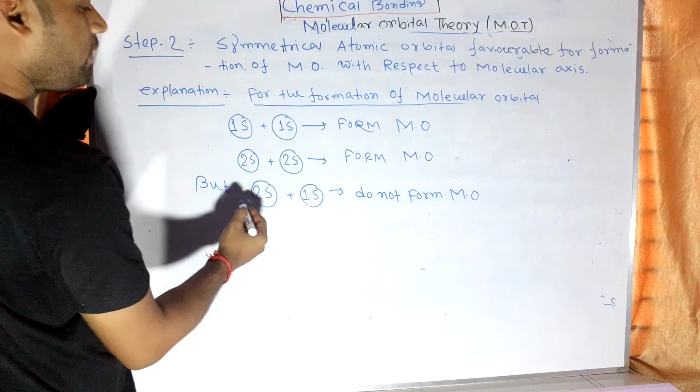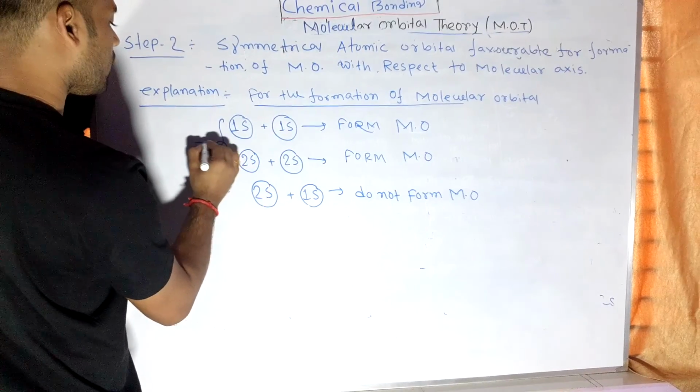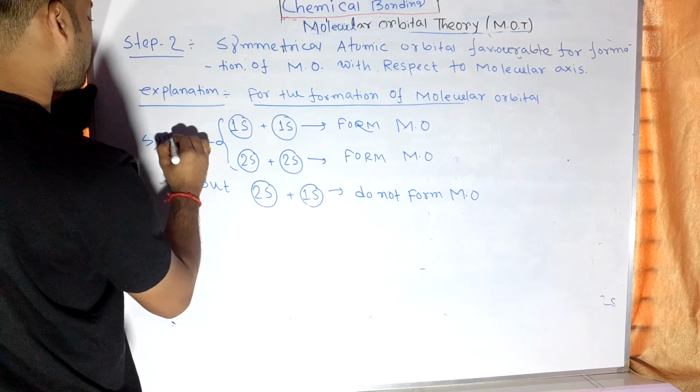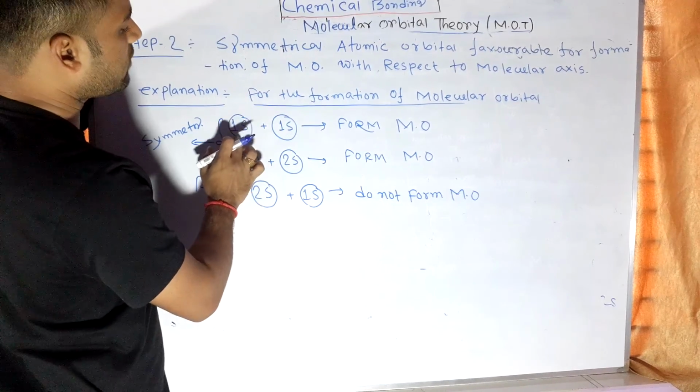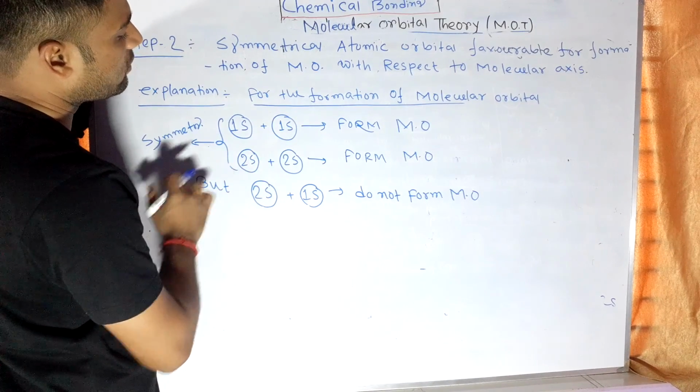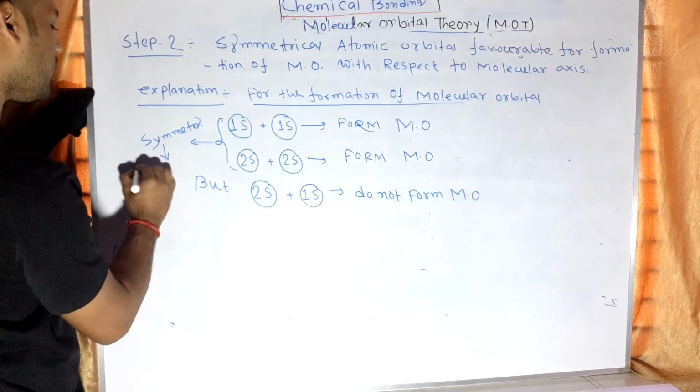So this is the main point. What is the symmetry? The two atomic orbitals have the same shape and the same size.